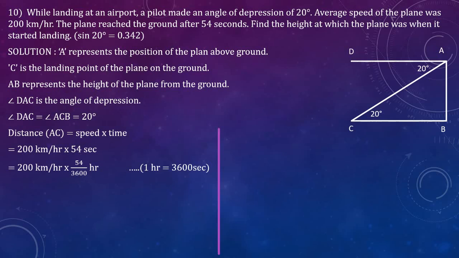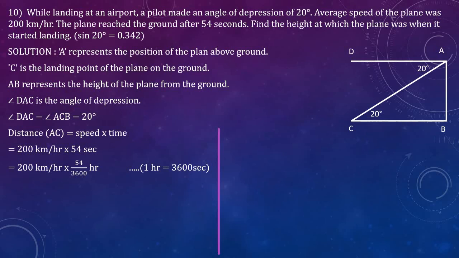So first let us convert this 54 seconds into hours so that we can find the distance in kilometers, because speed is given in kilometers per hour and time is given in seconds. So first we need to convert this time into hours.